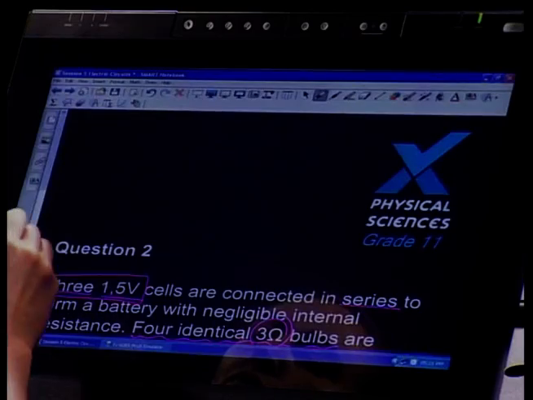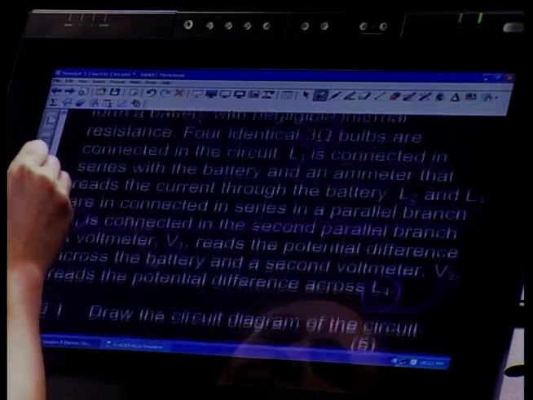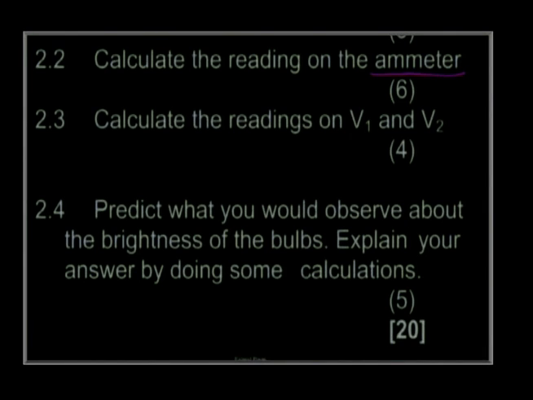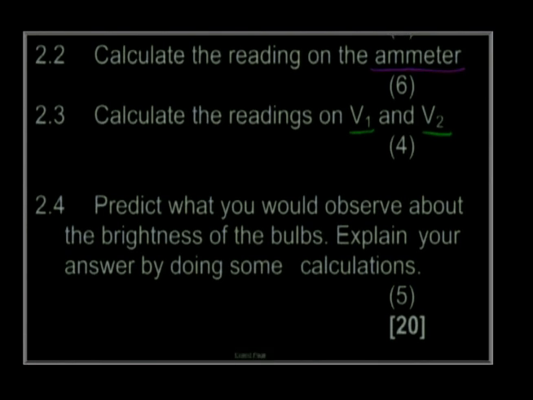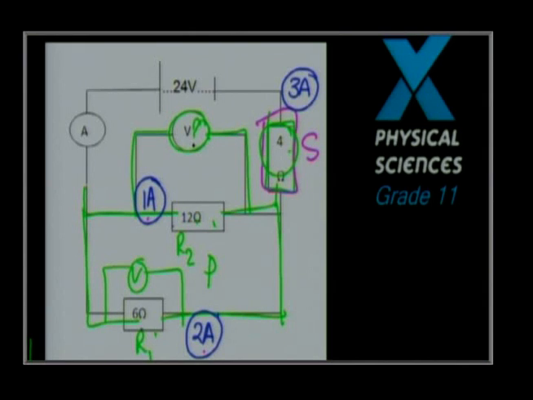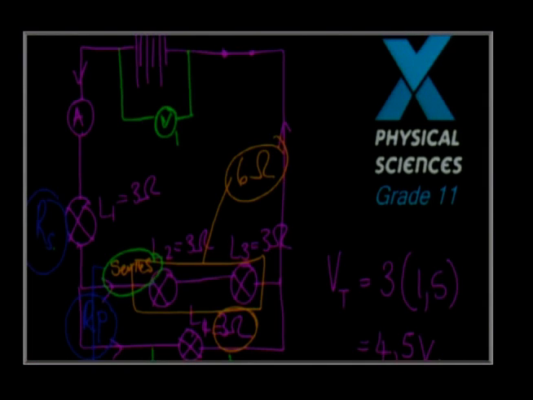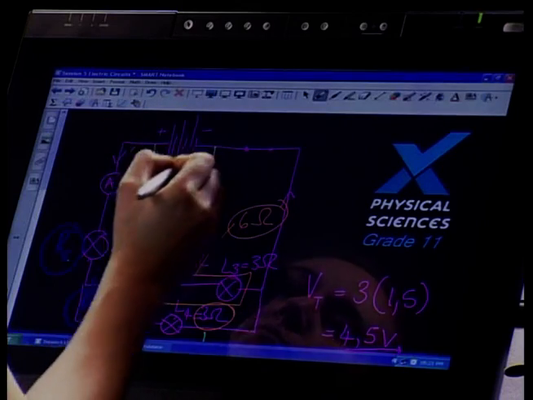Let's see what question 2.3 asks us to calculate. They want us to know what the readings on voltmeter 1 and voltmeter 2 are, respectively. For voltmeter 1, that is going to be quite easy. We are going to look at the previous calculation that we did over here. Remember that voltmeter 1 on this side is going to give us the potential difference for the batteries.